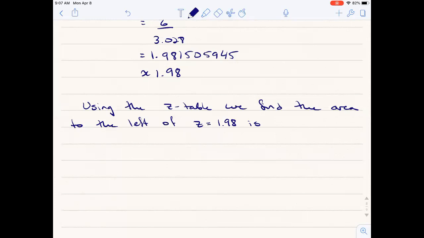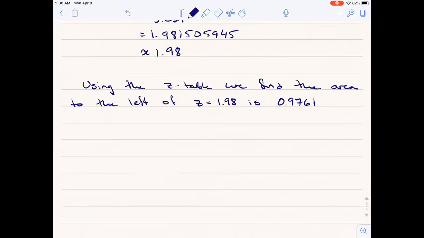At 1.98, the area to the left is 0.9761. So the area to the right is 1 minus 0.9761, which is 0.0239.